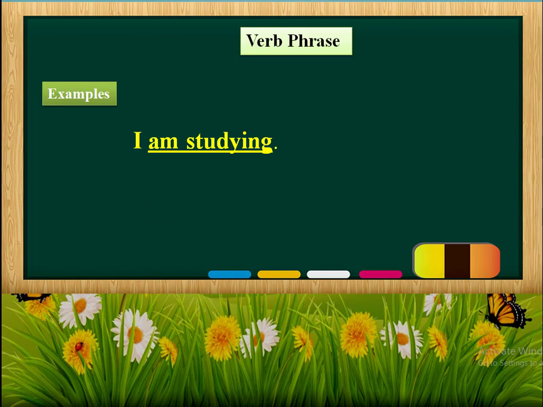Here, am studying is the verb phrase. Am is the helping verb. They are playing chess. In this sentence, are playing is the verb phrase. We use are as a helping verb or auxiliary verb.